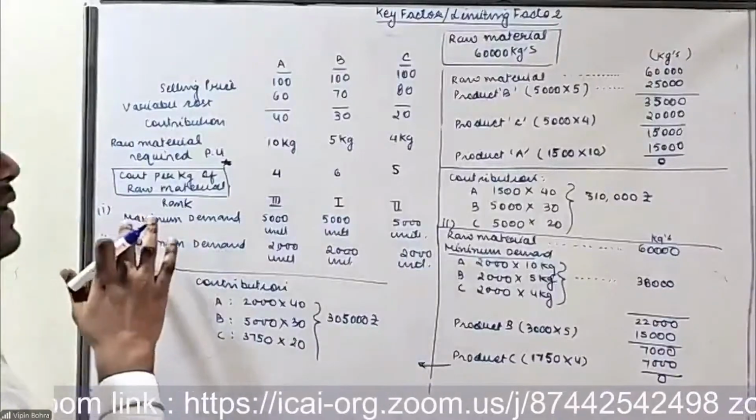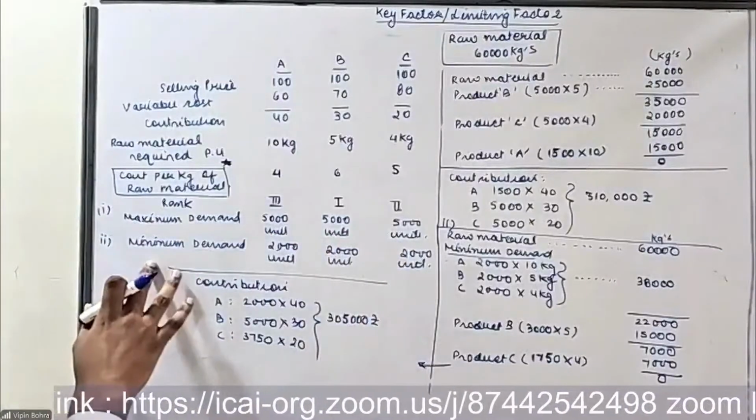So the first question was when only maximum demand is given, and in the second question, both maximum and minimum demand is given.